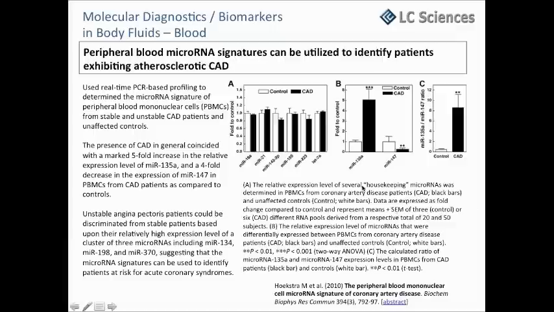So that's why I always cringe when I see here this housekeeping, although it's in parentheses, but it says here housekeeping microRNAs. The problem is that a lot of people use MIR16, 16A or MIR21 for normalization purposes in qPCR experiments that are dealing with blood or plasma samples, but we've seen plenty of cases where it's clear that you can't really do that.